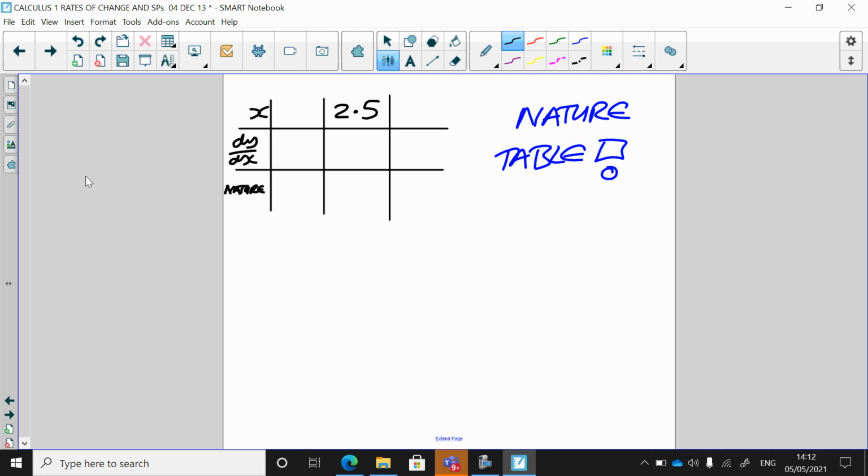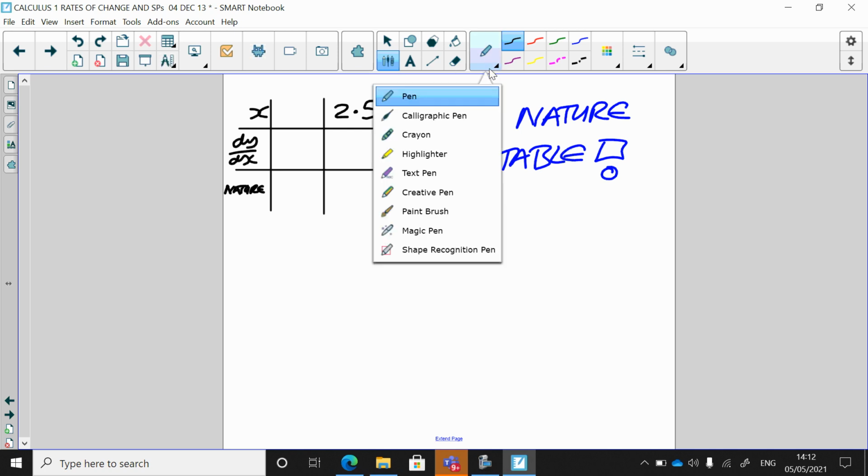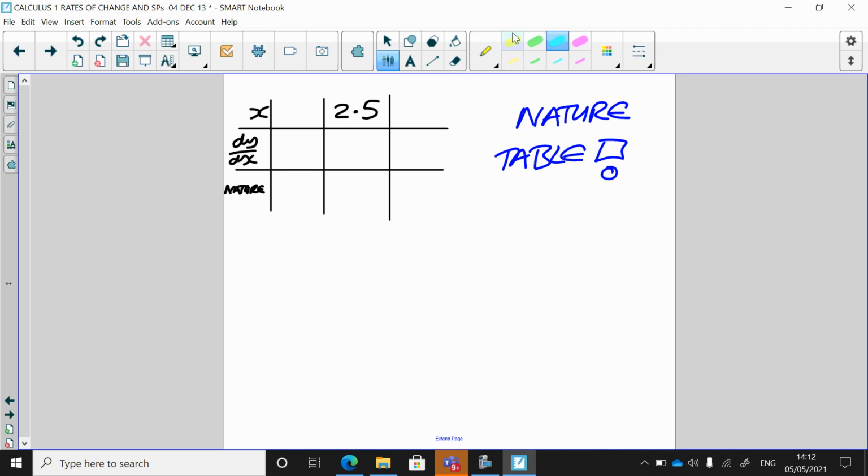So this is our nature table. We've got 3 rows. The top row is all the x values we're interested in. The next row is the derivative values. And the last row is the nature of the shape of the curve, or what's happening in the curve.